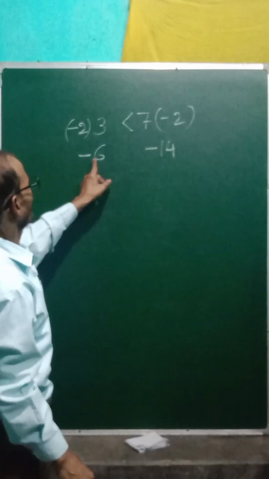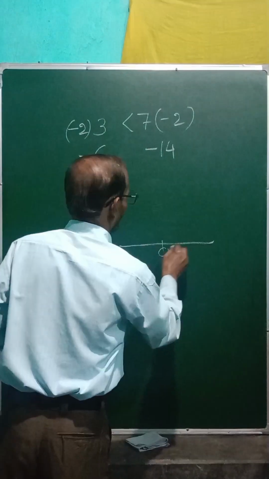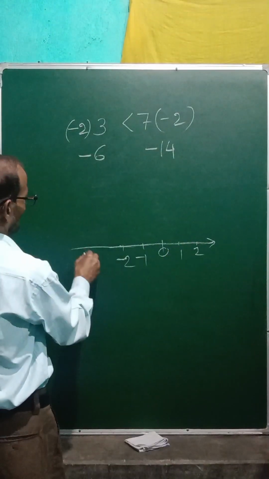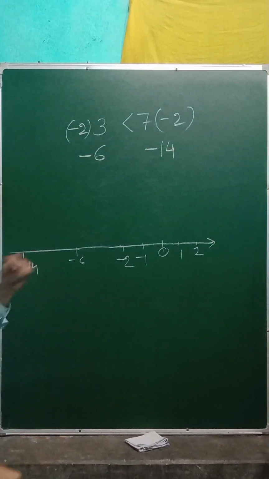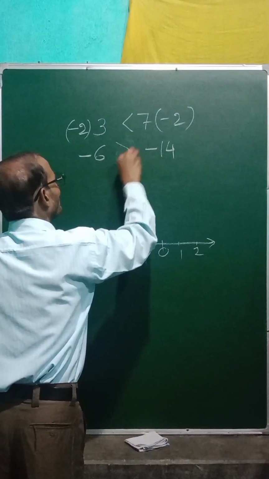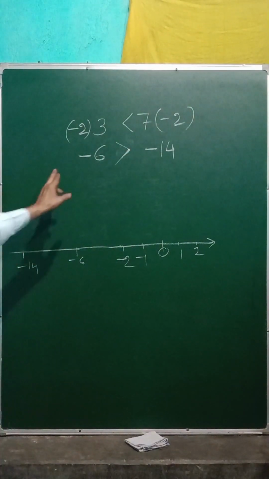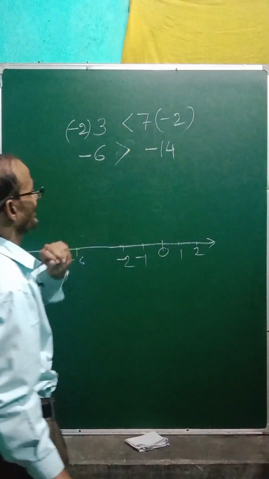So can you say that minus 6 is less than minus 14? No. On the number line, minus 6 will be somewhere here and minus 14 somewhere here. It is not true; the correct statement is minus 6 greater than minus 14. So the sign has changed.